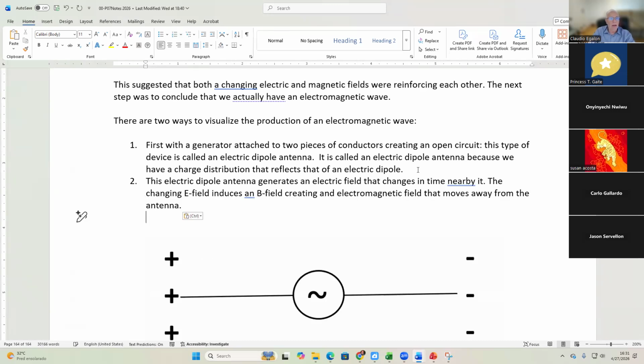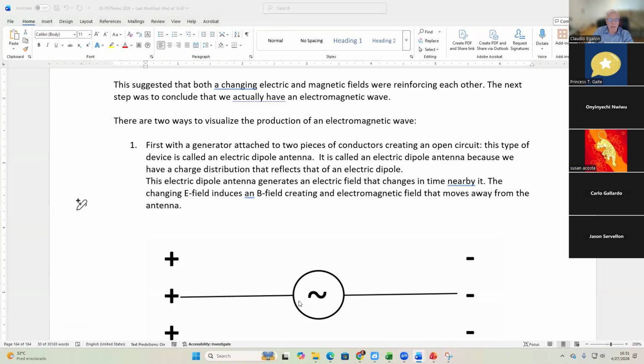This electric dipole antenna generates an electric field that changes in time nearby. The changing electric field induces a magnetic field, creating an electromagnetic wave that moves away from this antenna.